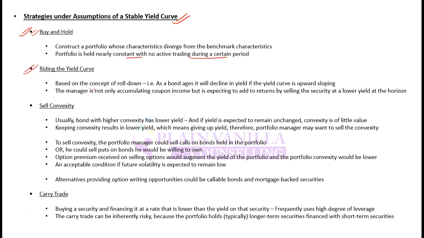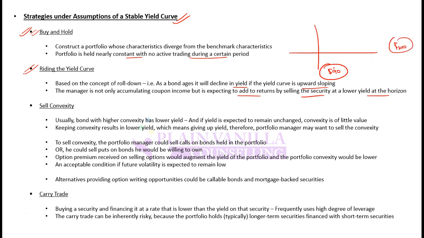Riding the yield curve is based on the concept of roll down. As a bond ages, it will decline in yield if the yield curve is upward sloping. The manager is not only accumulating coupon income but is expecting to add returns by selling the security at a lower yield at the horizon. So what this means is, let's say there is a bond that has a price of $90 and its par value is $100.